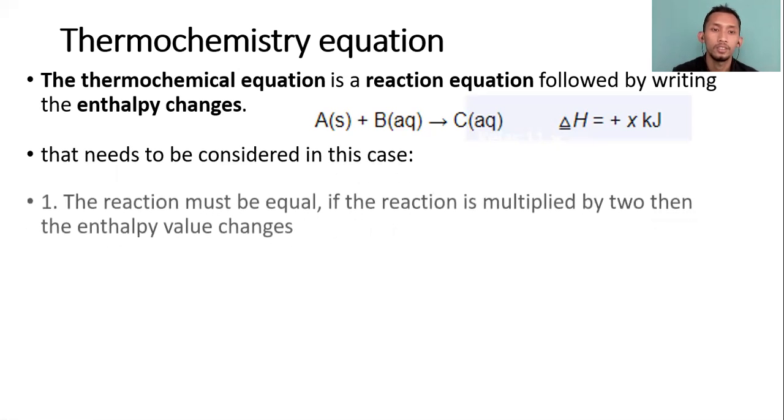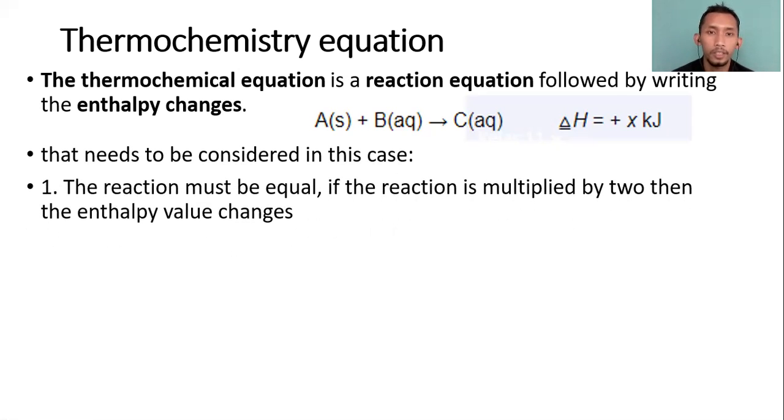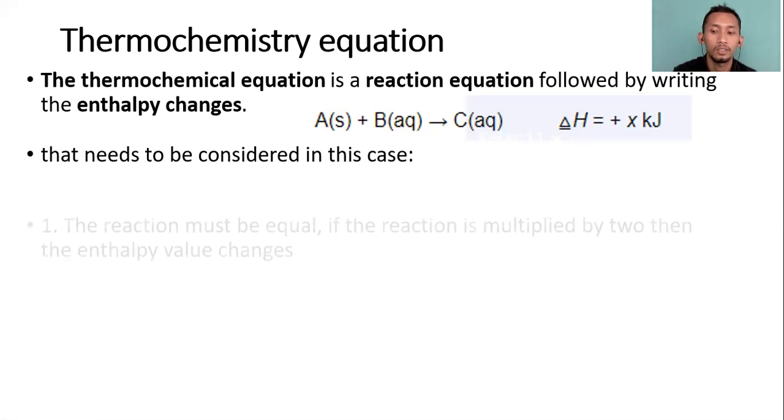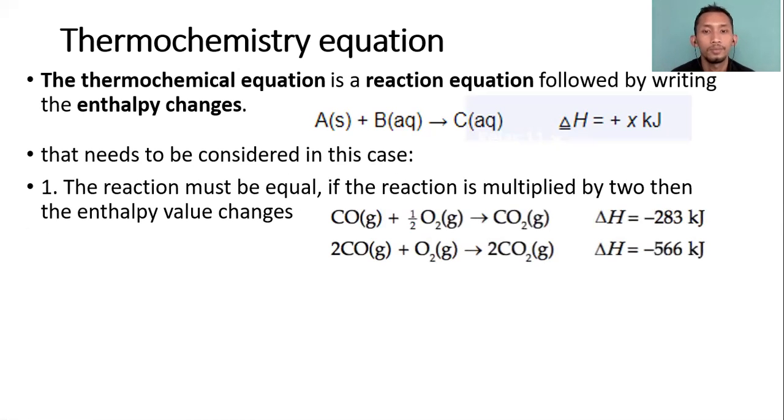There are 3 points, the most important parts of this topic. First, the reaction must be equal. When the reaction is multiplied, the enthalpy change is multiplied too. Here you can see from the example, we have the same reaction, only a different coefficient, and you can see the enthalpy is much different.